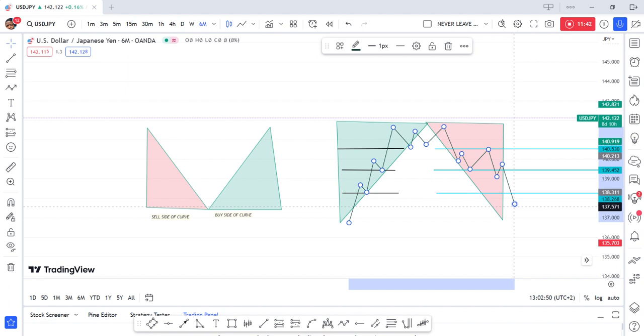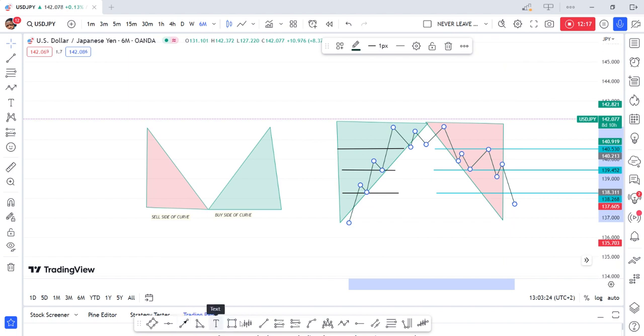The smaller the reclaimed order block, the more the candles. If the market was selling, after the market sold, we look for buying opportunities. We look for buying opportunities.